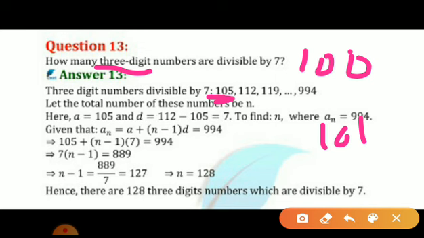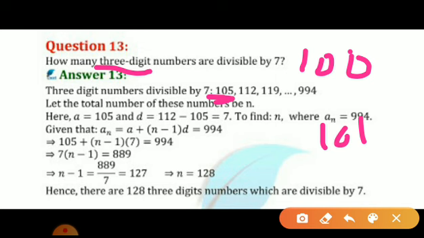Now I have to find n. If the nth term is given to me, then I can find the value of n, because a we will be getting, and the value of d we can find from the given sequence. Now how can we get that nth term?